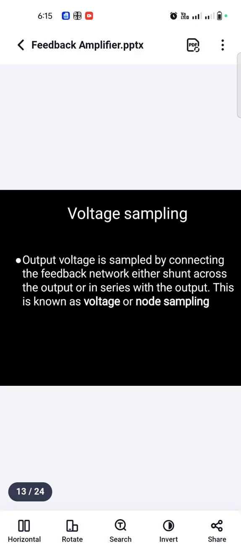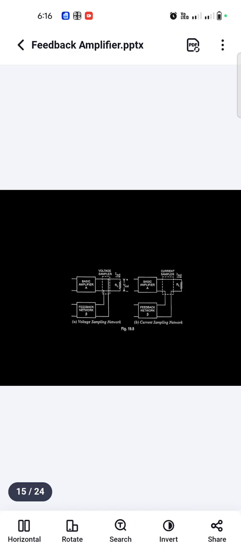Generally, the voltage sampling network samples the output voltage from the basic amplifier, which is connected to the feedback network. It may be shunt or series with the output, right? Based on the sampling signal, it is classified into two types. What is the other name of sampling network? Node sampling.